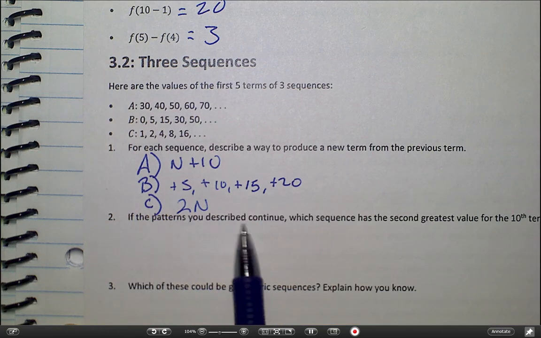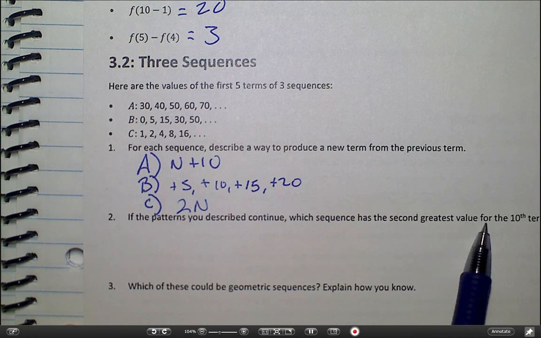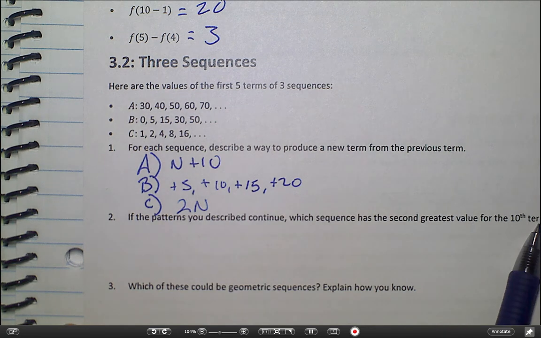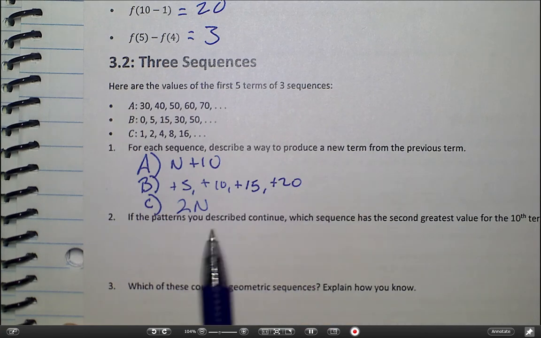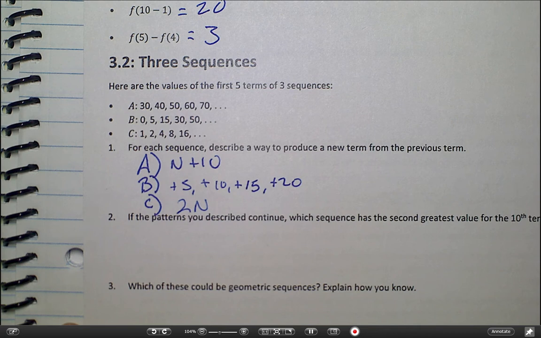Now, if the pattern you described continues, which sequence has the second greatest value for the 10th term? Second greatest? That's the middle, right? First. Okay, let's see. I want you guys actually yes or no on these. All right, so which one do you think is going to have the lowest amount?